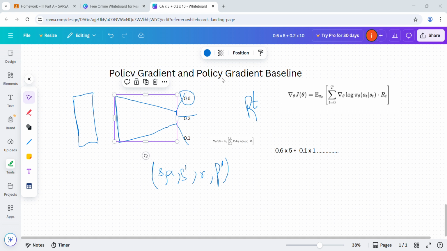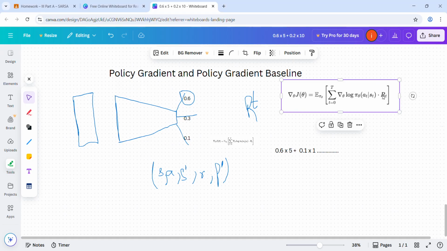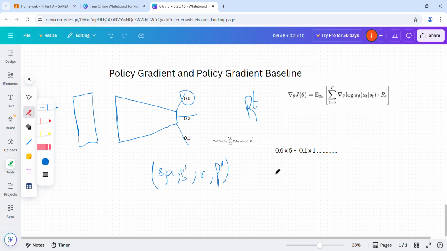So that's how we will use the gradient ascent term to update the weights. As we are multiplying the reward here, we do not want gradient descent here. If I mentioned gradient descent, then it's wrong. We will use gradient ascent here.